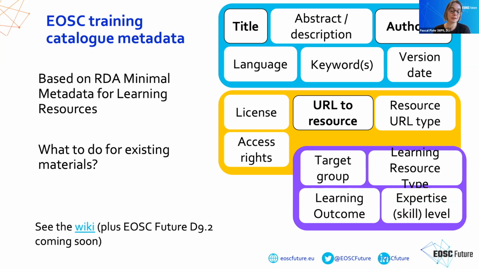There are a lot of people, maybe postdocs or postgraduate students or contractors or people that used to work on a project but have now moved on to the next project. They might not be available anymore to add these metadata, and it might not be possible to do this, but we might still want this. And therefore, only for existing resources, at least in the EOS training catalog, only 3 of these fields are absolutely required to onboard this, to make a link to this resource.